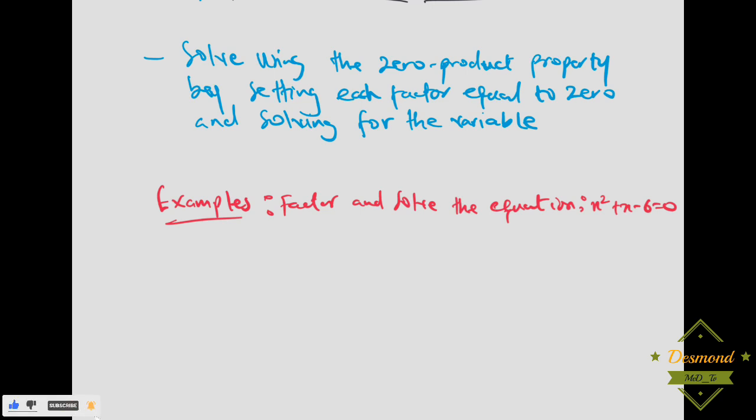So we will have 1 dot -6, -6 dot 1, 2 dot -3, 3 dot -2. Now we can see that the last pair, which is 3 dot -2, sums to 1.